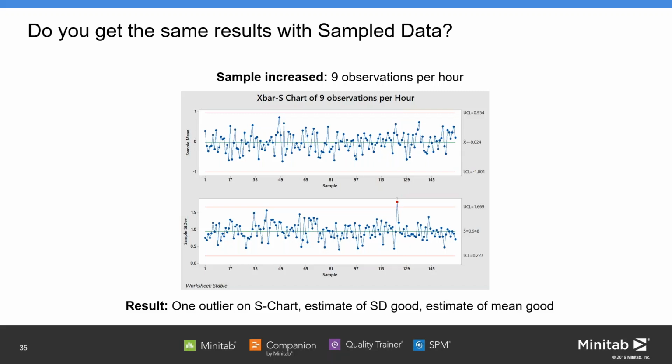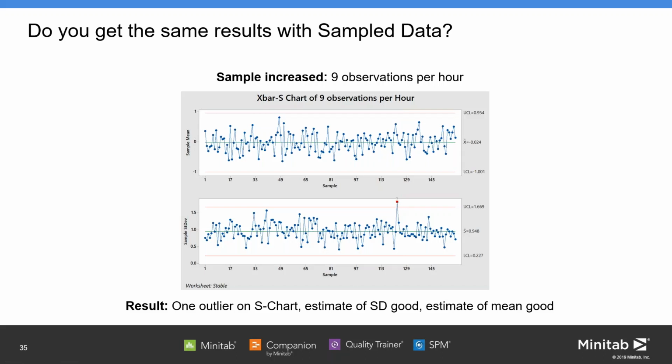If I have a look at my top chart and I look at my mean values, you can see they're all in control. And again, I have an even better estimate of my mean at 0.024, given my mean should be 0. If I have a look at my S chart, you can see that I do actually have one outlier. There is 1 point that is out of control, has failed the test for being outside the upper and lower control limits.